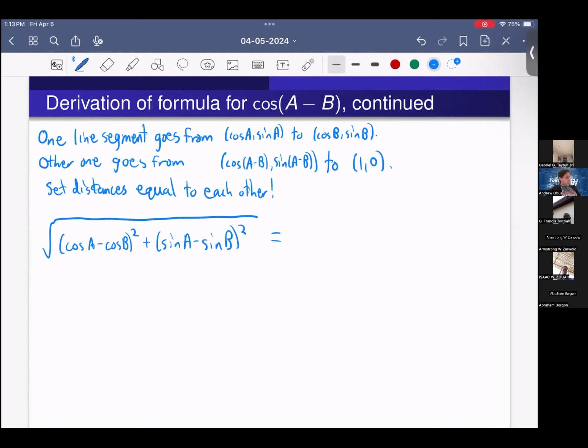This should be equal to the square root of (cosine of A minus B minus 1) squared plus (sine of A minus B minus 0) squared. These are the two things that we're going to set equal to each other. Any questions so far?